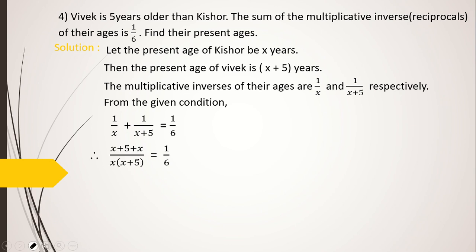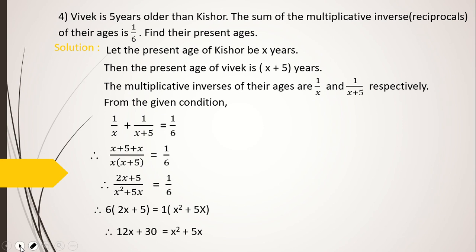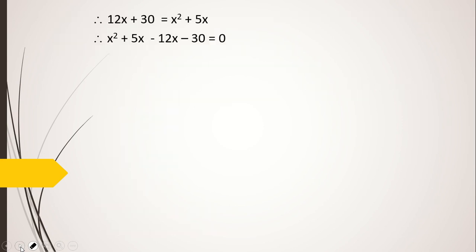And this side 1 upon 6. So x plus x is 2x now plus 5. This is how we get the equation.